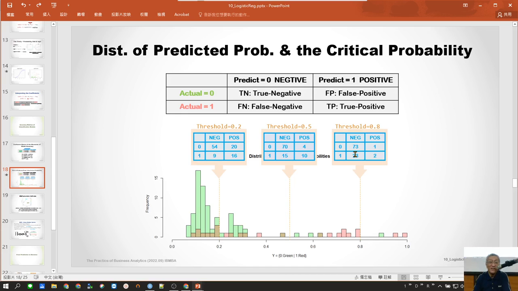In the other direction, if I lower the ratio to 0.2, the number of positives increases and the number of negatives decreases. Whenever you switch the threshold, TN, FN, TP, FP would change.